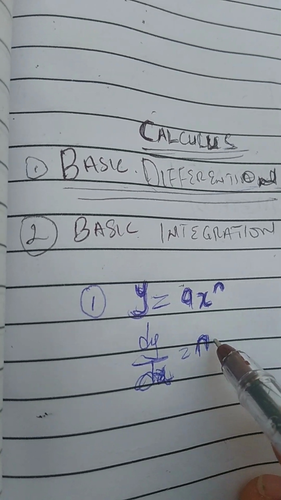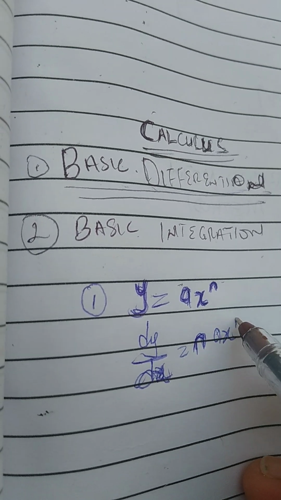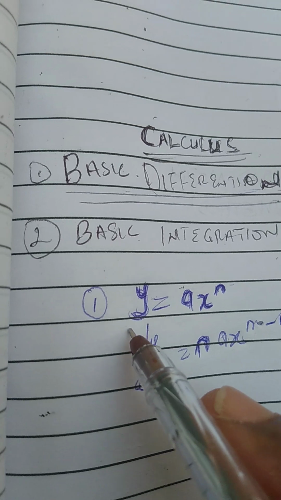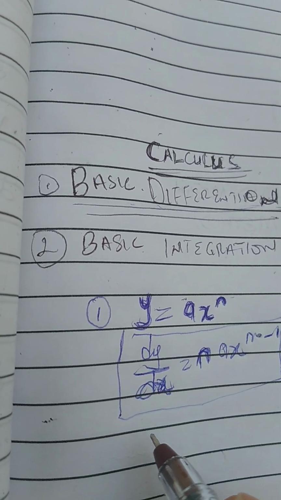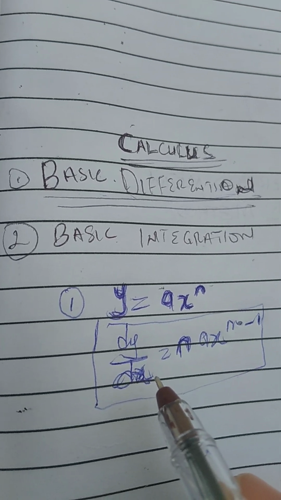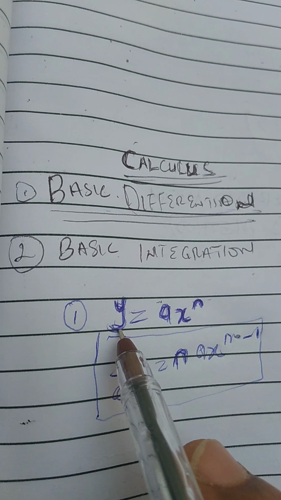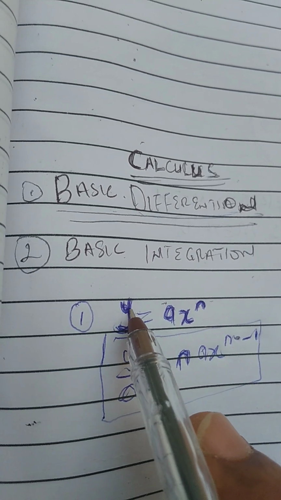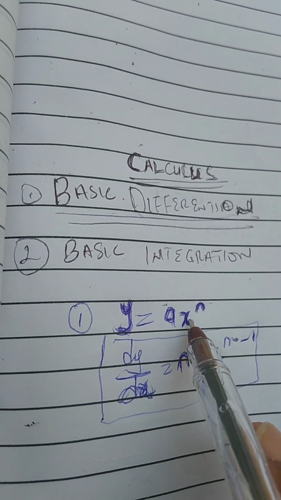So it's going to be n times a x, then you subtract 1 from the power, raised to power n minus 1. So this is a basic differentiation. So in differentiation, we are in the process of finding the instantaneous rate of change of a dependent variable with respect to the independent variable.